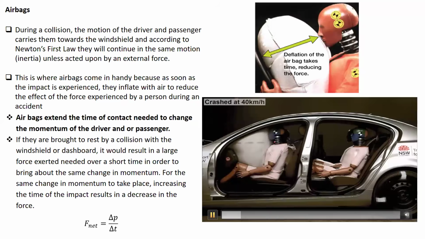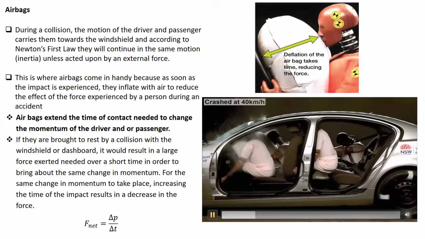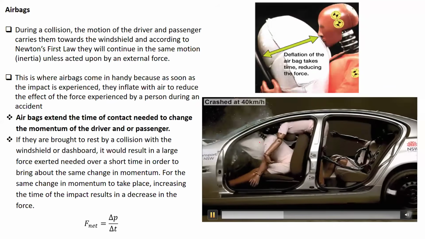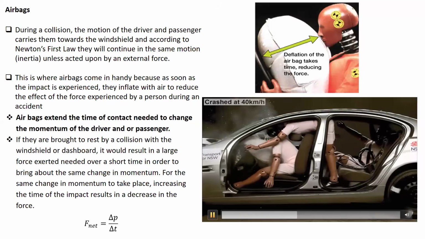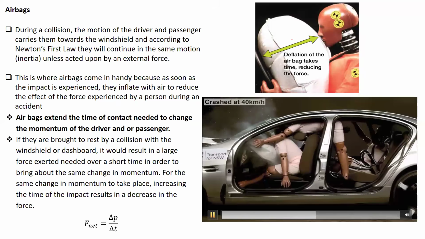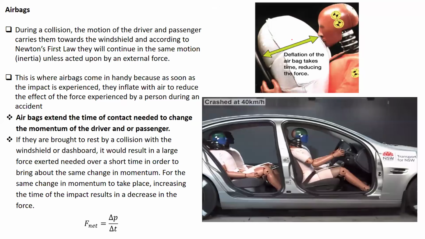Look at this. It's melting onto the airbag. The time of contact is increased. And when the time of contact is increased, the force of impact is decreased. The key is time. Do you want to be safe? Yes. Extend the time of contact. And once you extend the time of contact, you decrease the force of impact.